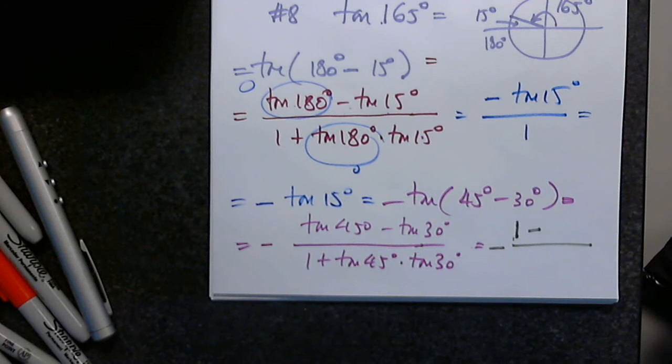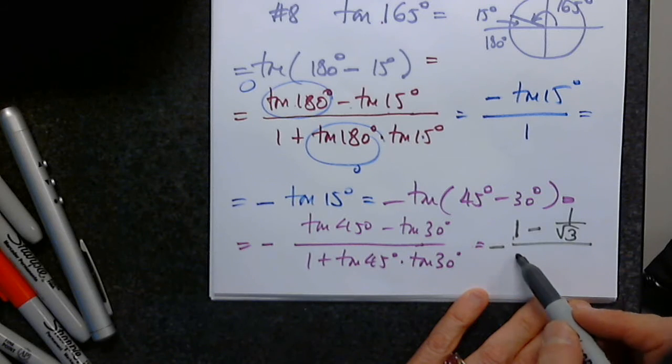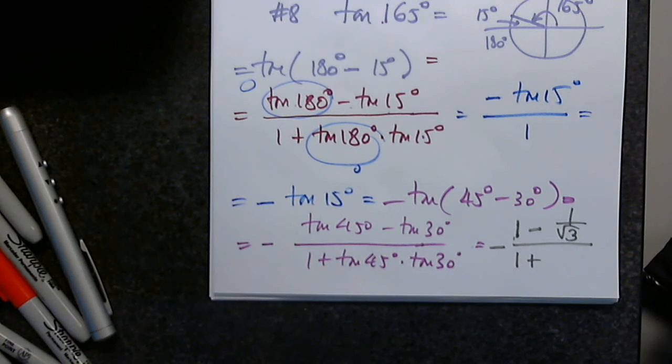Again, we have not memorized tangent 30, but I know tangent 30 is 1/2 over the square root of 3 over 2. So when I flip, I get 1 over the square root of 3. I'll keep it as is for now. I will not rationalize. You'll see in a moment why. Over 1 plus the same thing.